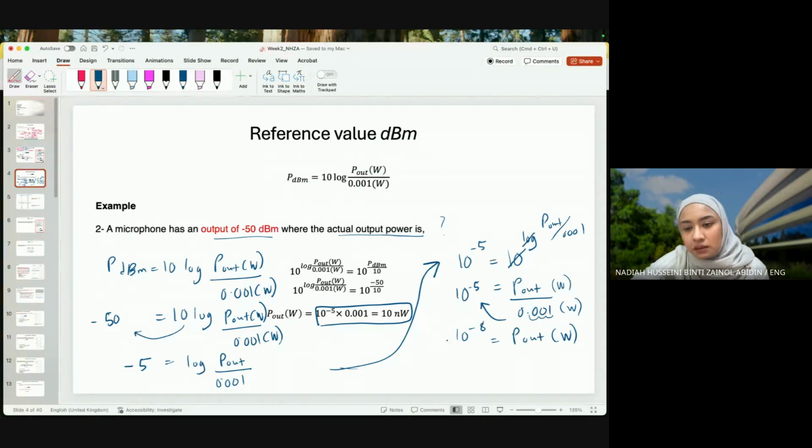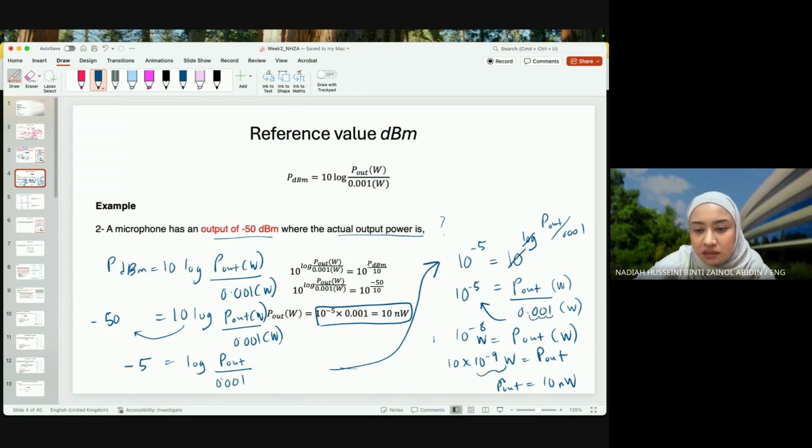I can just leave it like this, so 10 to the power of minus 8 watt is the P out, or I can make it look nicer. This is nano, so it becomes 10 nanowatt is the answer.